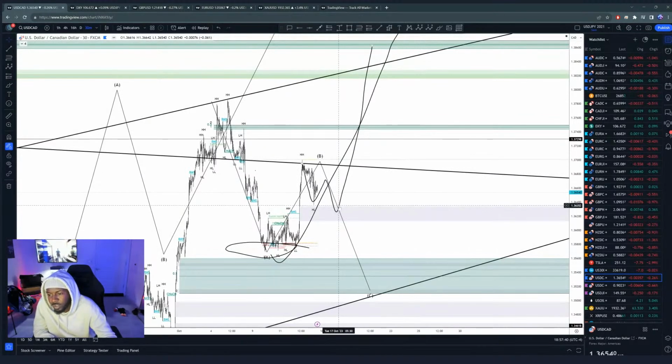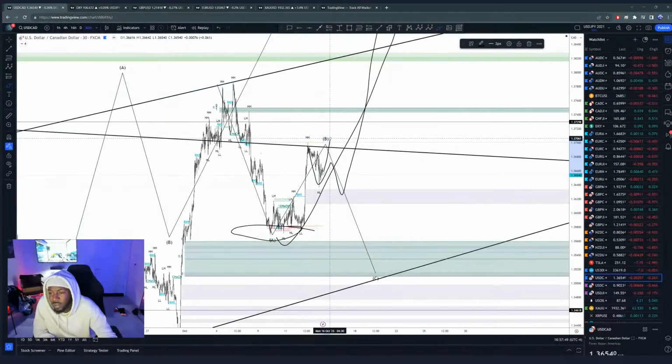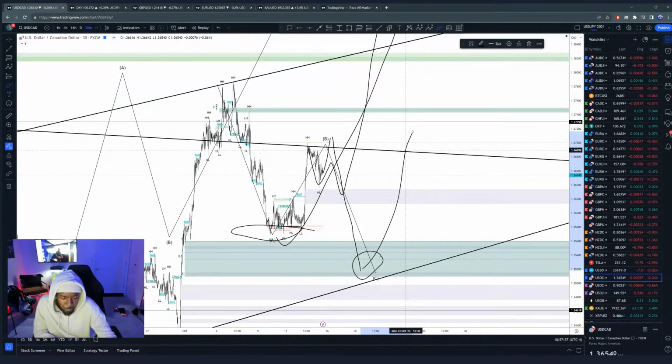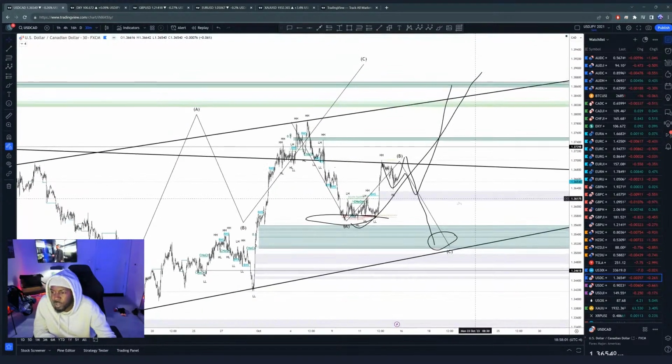It's just if we go for another wave down. If this is to go for another wave down, then this should hold as B. So we'll more than likely go up to take this high and then drop into this range. And then we'll start to focus on potential buys towards the upside. So as of right now, that's the two options for USD CAD. One of those will happen.